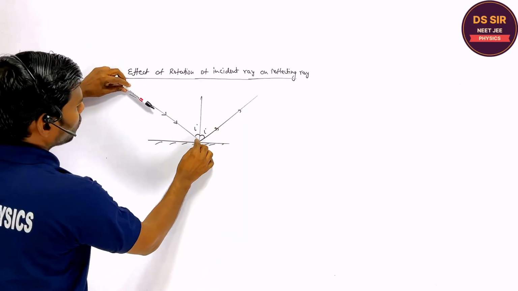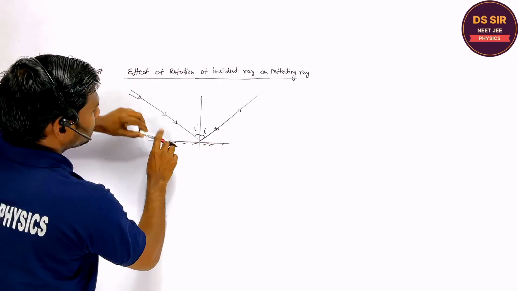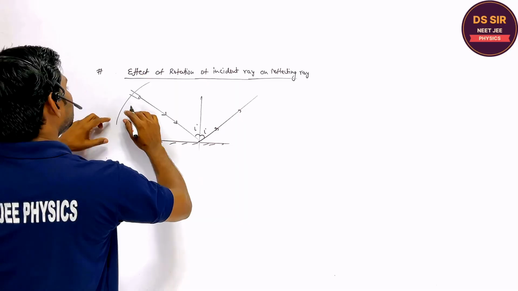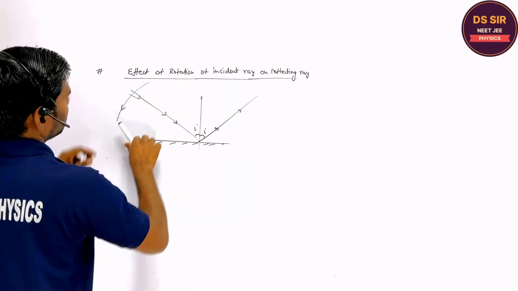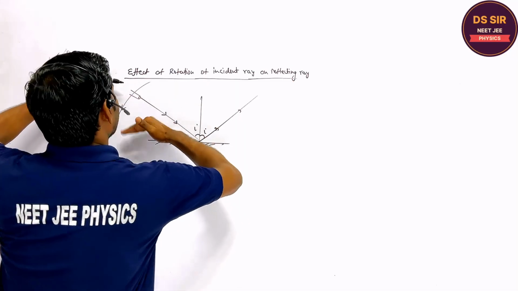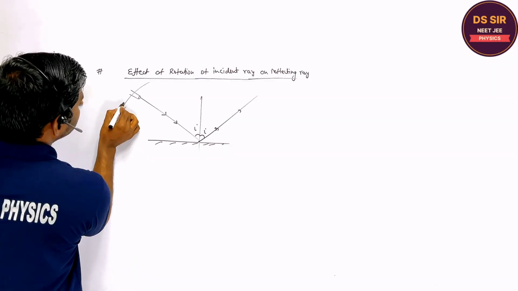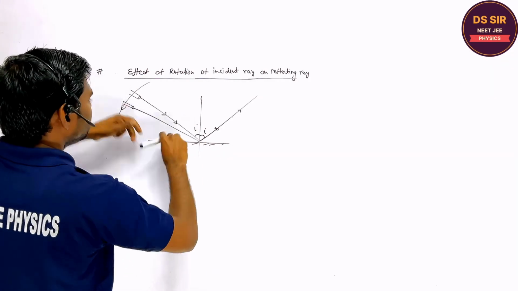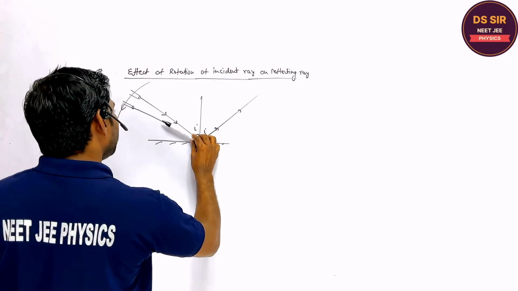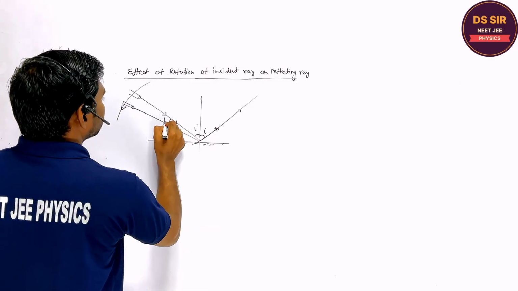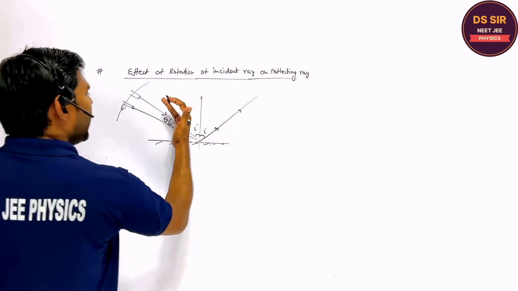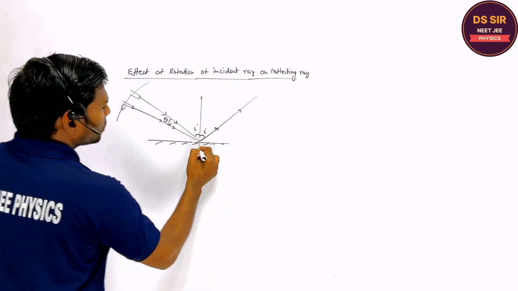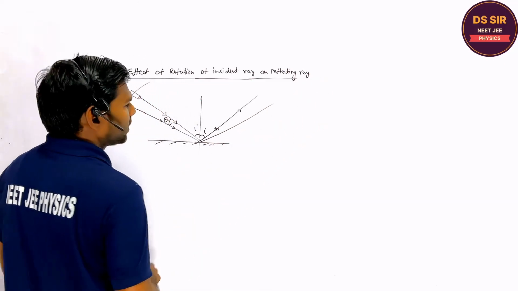Now suppose this is the torch, and this is the point about which the torch is rotating in this direction, like this. When the torch reaches this point, if the torch is rotated by theta angle in anti-clockwise sense, now this is the incident ray, so therefore this is the reflected ray.